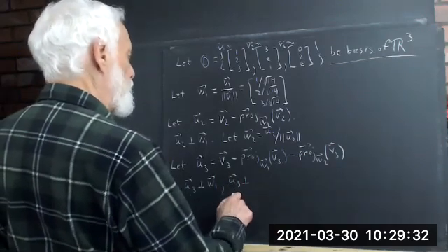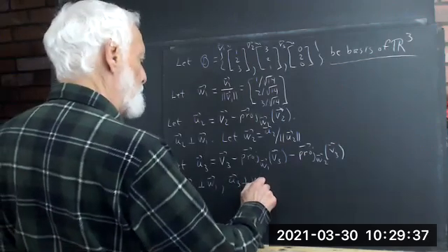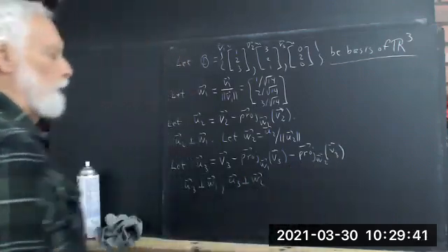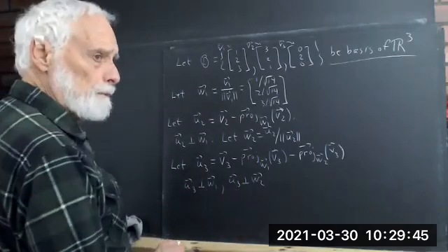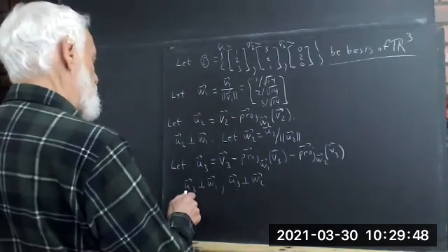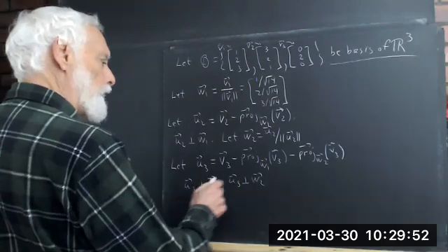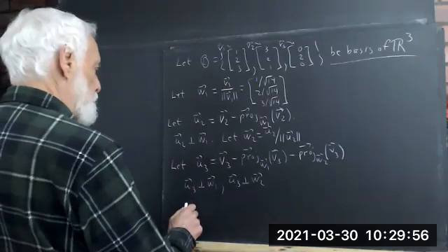And U3 is perpendicular, did I say parallel before? It's perpendicular to W2 as we subtracted off the part of V3 that's parallel to V2. So there we have it, except now we want to normalize U3.